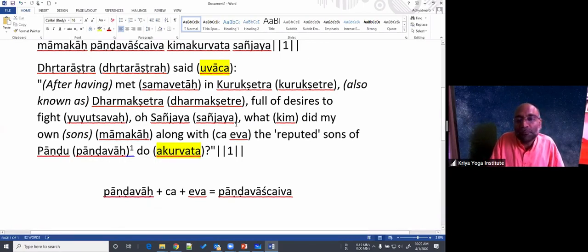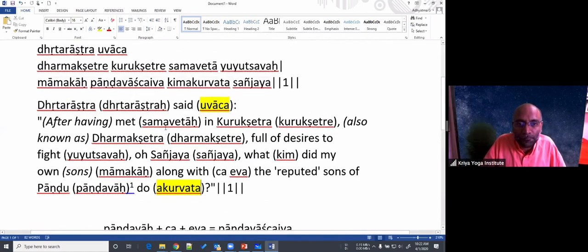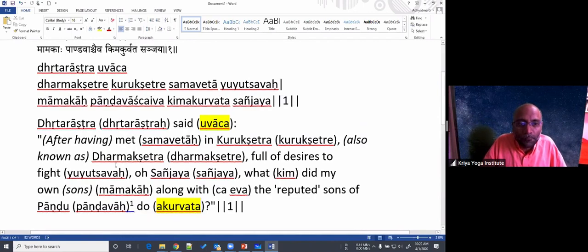Remember, there are only 3 types of words in Sanskrit: verb forms, noun forms, and indeclinable. Indeclinable is known as avyaya in Sanskrit. Now we will see the noun forms. Most of the forms would be noun forms.